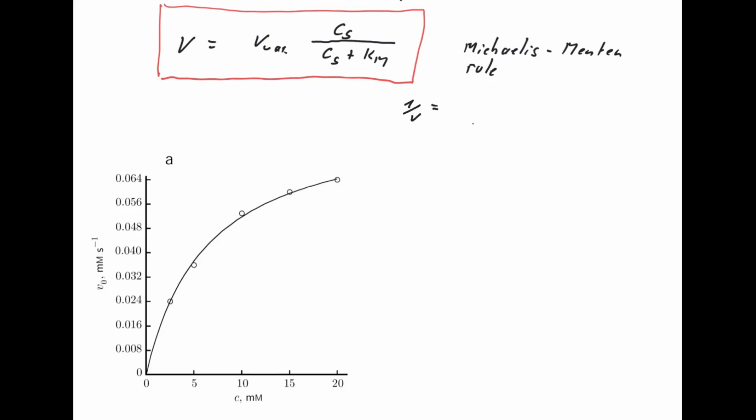Now we also can reformulate the Michaelis-Menten rule by calculating 1 divided by the velocity, which then is equal to 1 divided by Vmax times 1 plus Km divided by Cs.